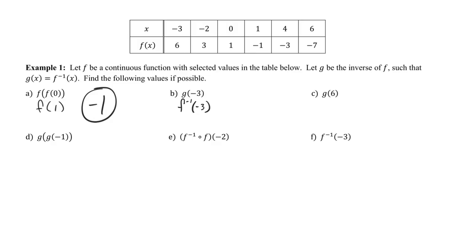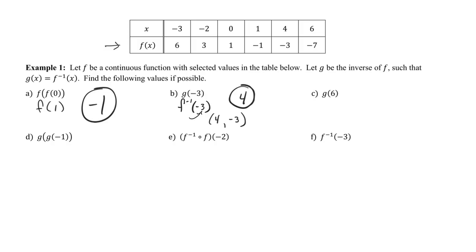So what would this have been? Because it's the x now, so what would it have been back in the original function? It would have been the y, right? So if it's the y, I should look down here and find where is the -3, and I get 4. So the inverse function would be 4.